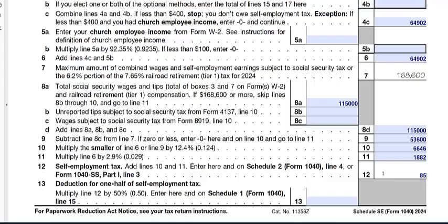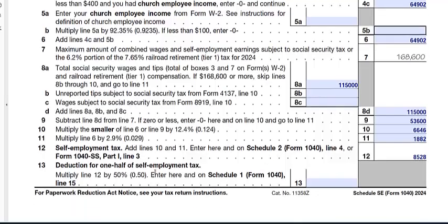They're actually self-employment taxes because it's both sides. It's the employer and the employee side. Normally we would move this figure over to Schedule 2. We do not have to fill out the Schedule 2. So we are just going to calculate our deduction now.